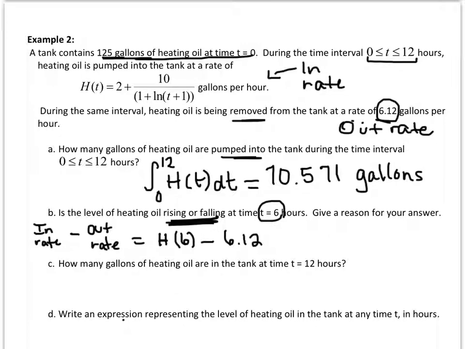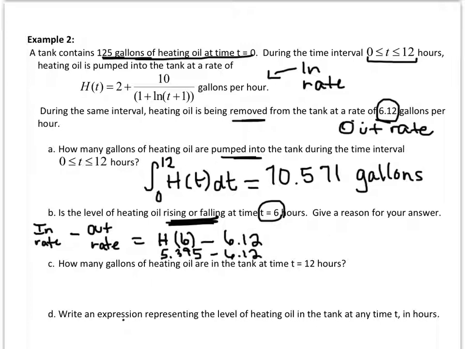So I need to then consider h of 6, and again, since my equation is in y1, I'm just going to do y1 of 6. That turns out to be 5.395. Subtract 6.12.